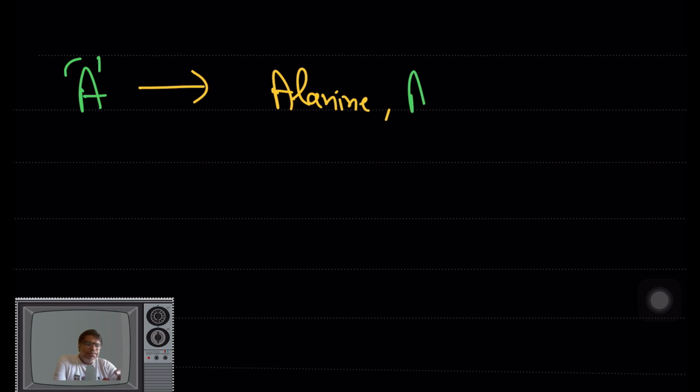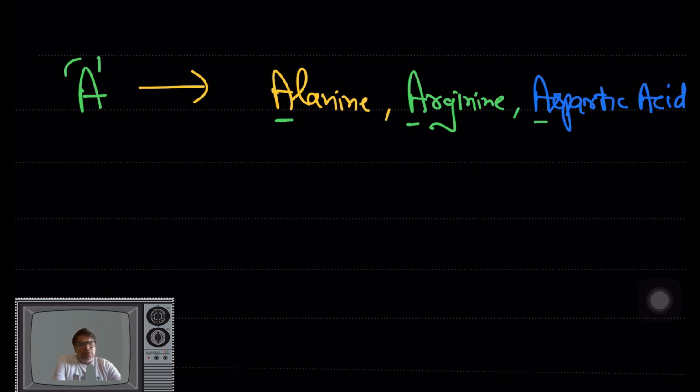But if you take the example of A, in the list of amino acids you are going to have alanine, arginine, aspartic acid. All these amino acids start with A. Now, which one should be assigned A?